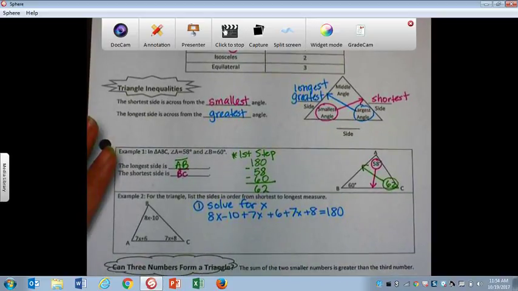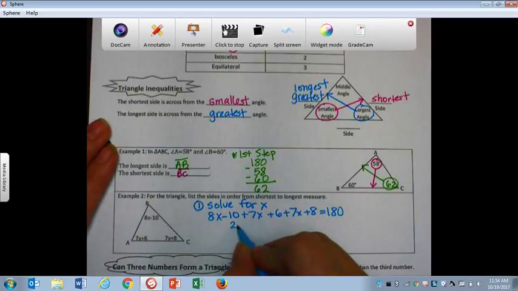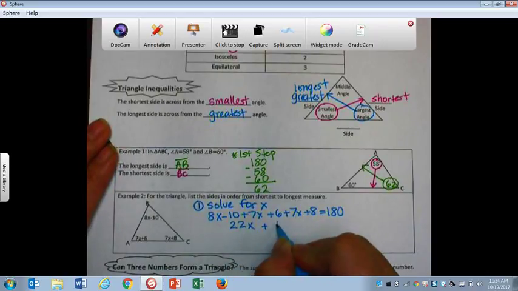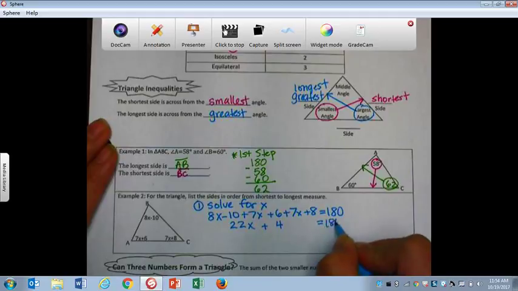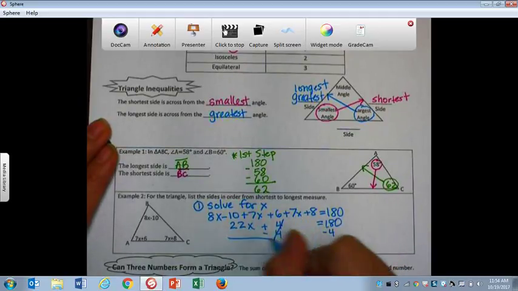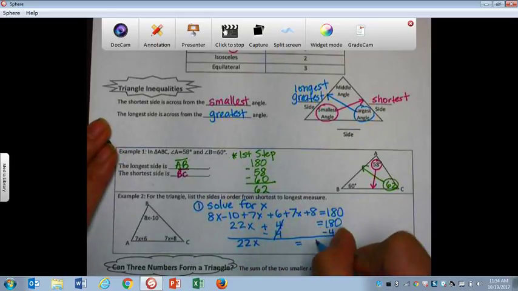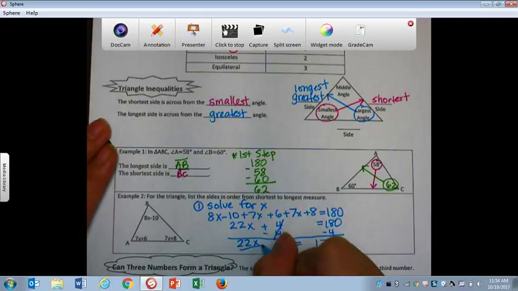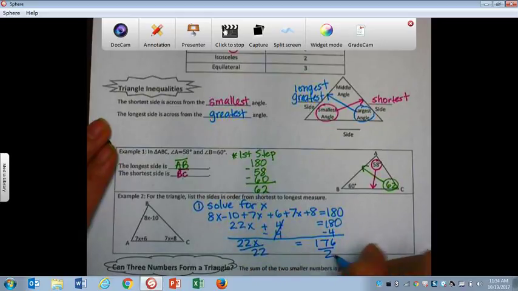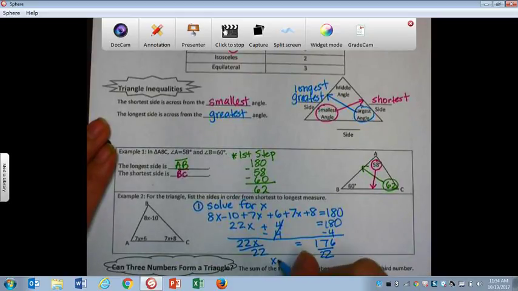When you add like terms, you get 22x plus 4 equals 180. So subtract 4 from both sides. 22x equals 176, divided by 22, and you get x equals 8.